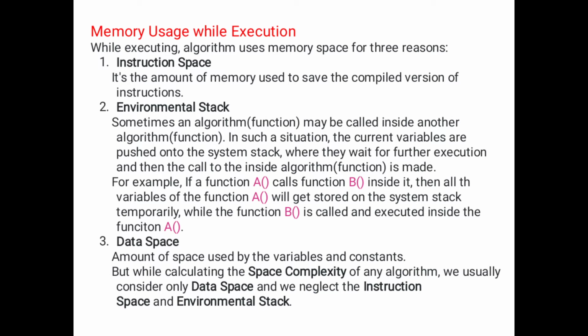What variables are kept in the function A()? A() again calls another function B(), which is inside A(). So at that situation, the variables from A() are pushed onto the stack to do the further execution. Do you understand?